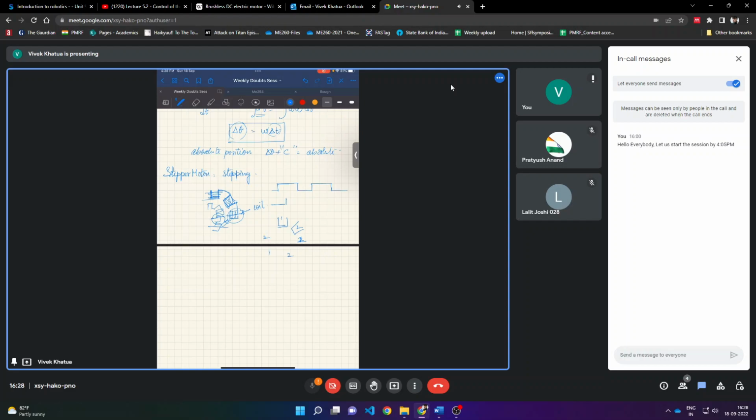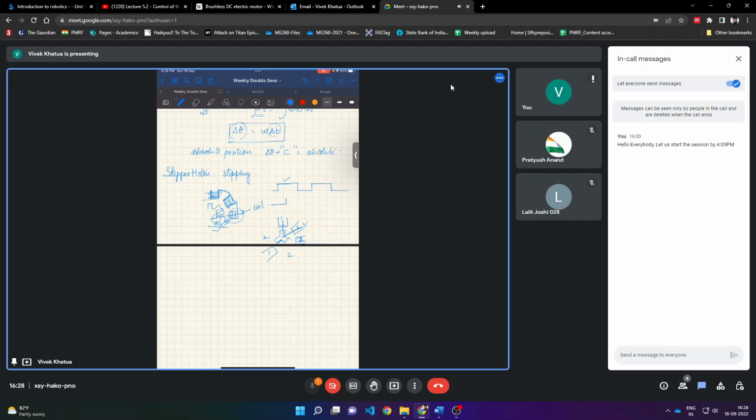Internally, let's take my rotor to be something like this. When I actuate one, it is going to align here. The moment I actuate two, this is going to make a shift something like this.